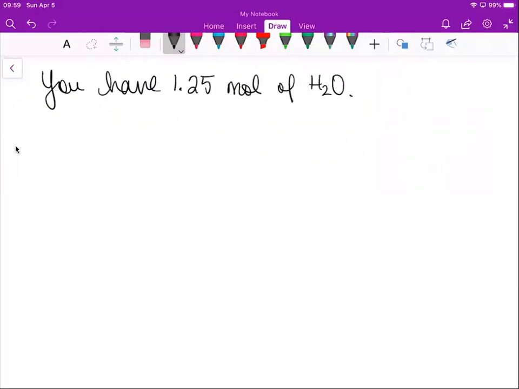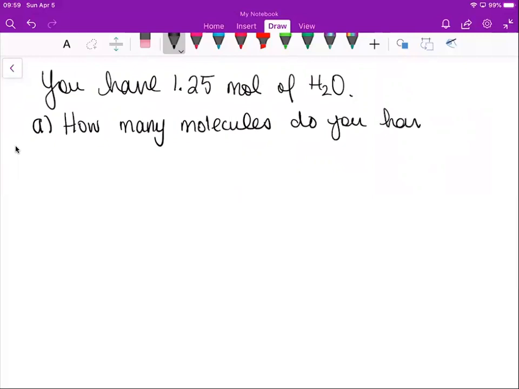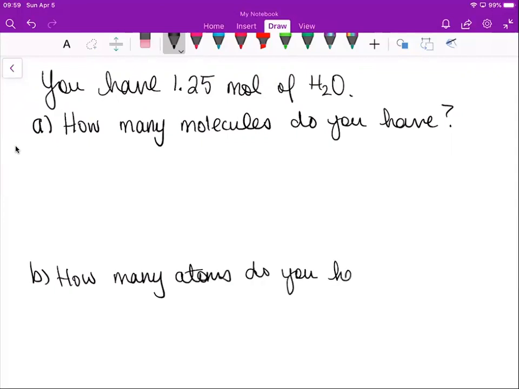The first thing I'm going to ask you is, how many molecules do you have? And then the second thing I'll ask you is, how many atoms do you have?